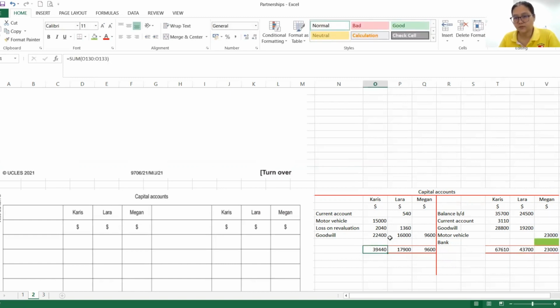Okay, we look at Kali's first. Kali's credit is more than the debit. So the balance carried out for the capital account must be on the debit side. So we take the credit minus debit. So this is the balance carried out for Kali's. For Lara it is 25,800.